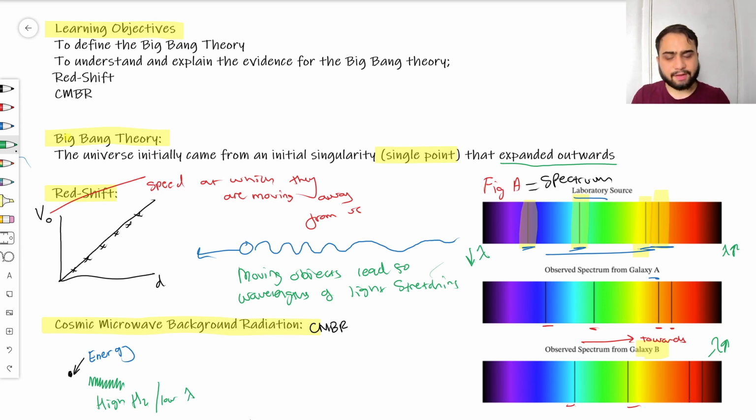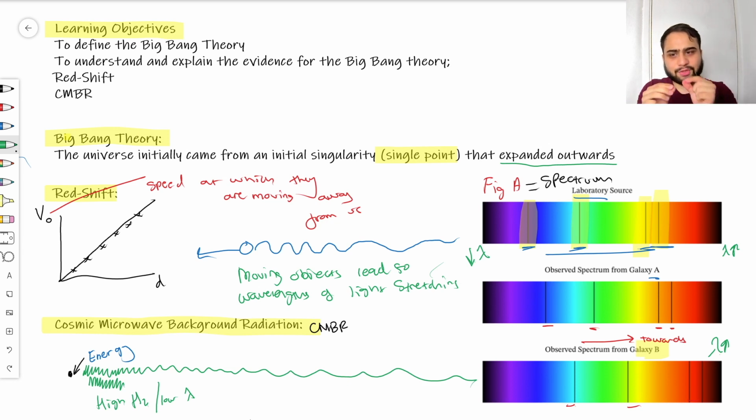Okay, eventually those gamma rays would be sent out into the universe, and they would increase in wavelength, right? They would redshift, because that makes sense, right? The initial single point of the universe must be the furthest thing away from us right now, right? So that must have the greatest amount of redshift.